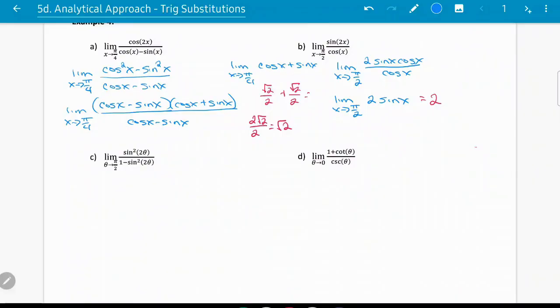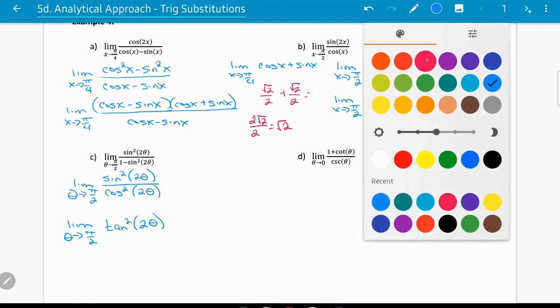So looking at example C, we have the limit as theta approaches pi over 2, and this is sine squared of 2 theta. 1 minus sine squared becomes cosine squared of 2 theta. This is then the limit as theta approaches pi over 2, and this is tangent squared of 2 theta.